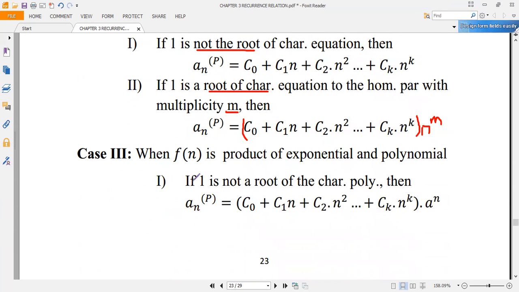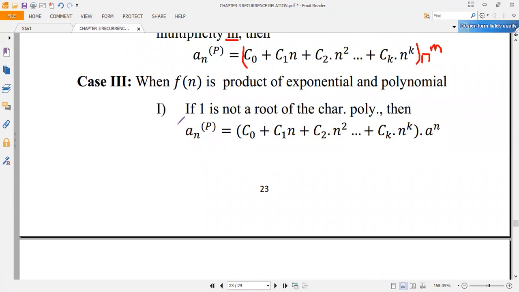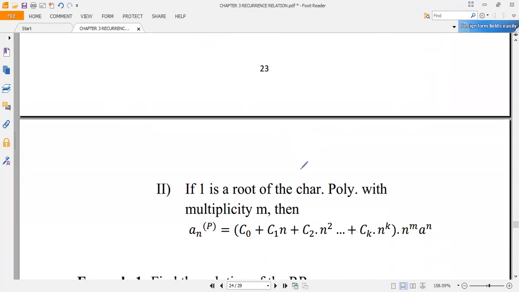And the third case is when f(n) is a product of an exponential and a polynomial function. So we have two cases similarly. If a is not a root of the characteristic equation of the homogeneous part of the recurrence relation, then this one will be taken as the trial solution to find the particular solution of the non-homogeneous part.